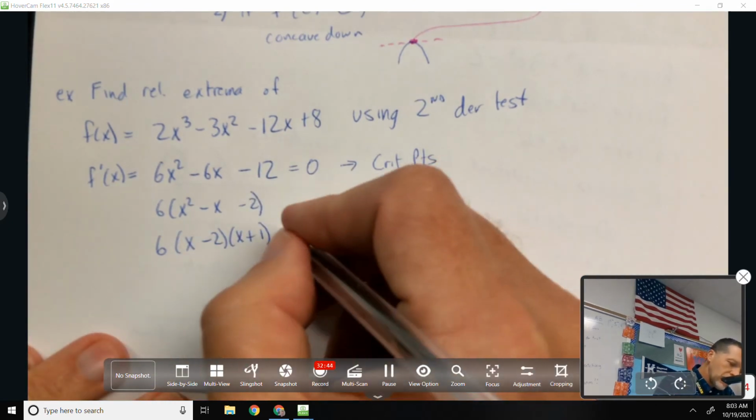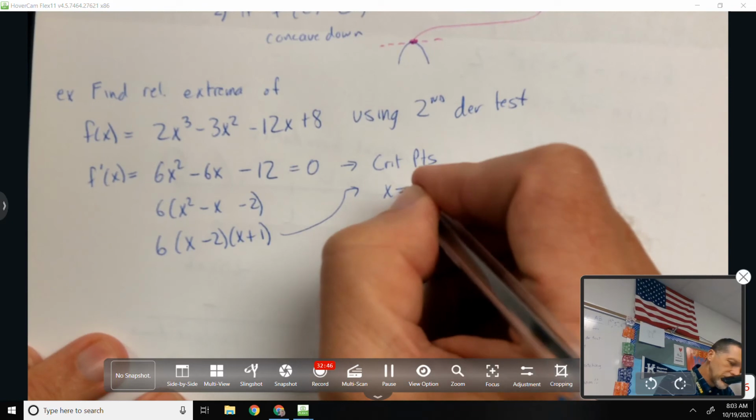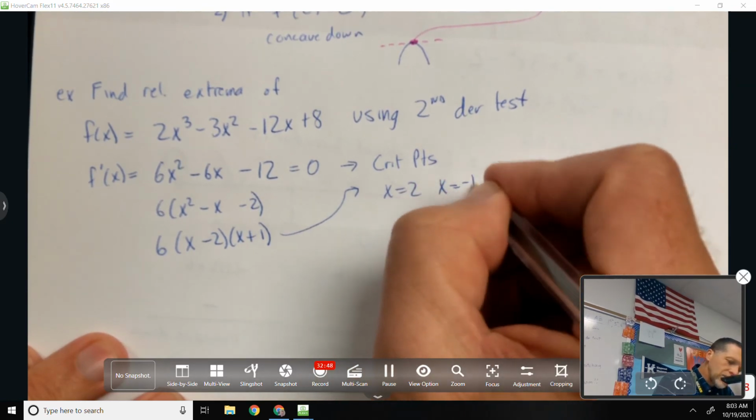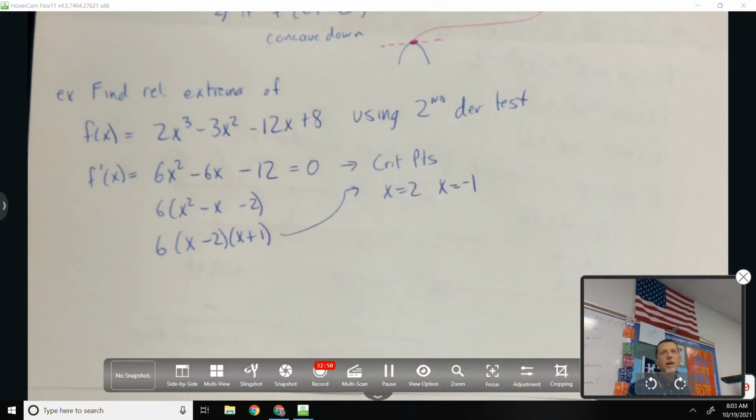So my critical points then are x equals 2 and x equals negative 1. Had a couple people on the quiz yesterday tell me on this type problem that x is equal to 6 or that x is equal to 0. No, right? There's no x out there, so that 6 doesn't really add any answers for me.